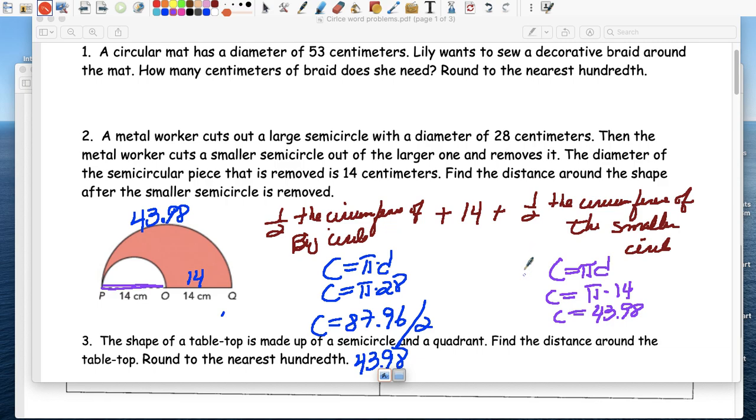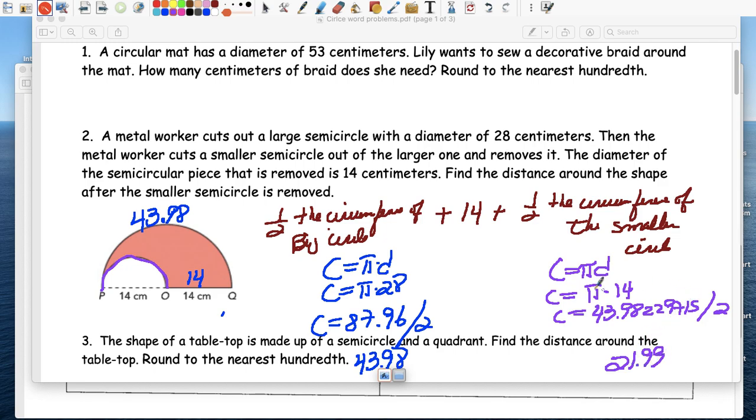I'm going to take that and divide by 2 because I'm not walking this whole little circle. I'm only walking half of that circle, only this stretch right here. So I only want half the circumference. If I divide that by 2, it is 21.99 rounded.